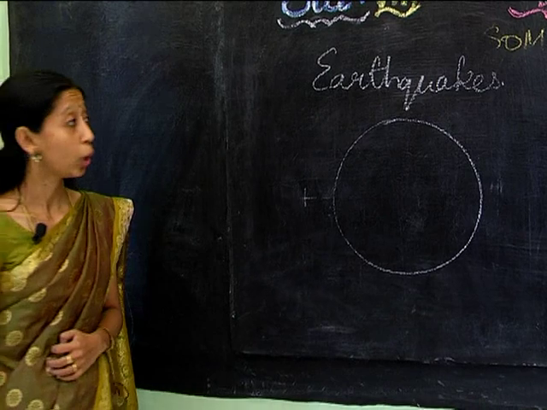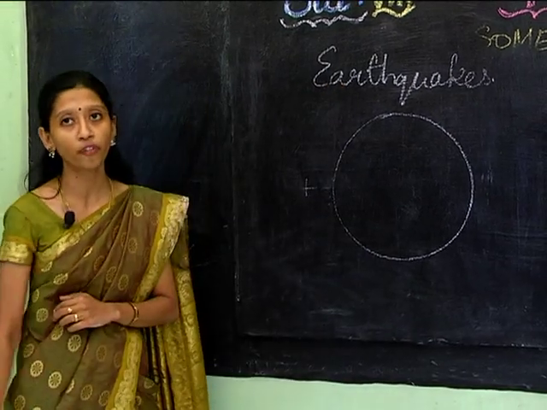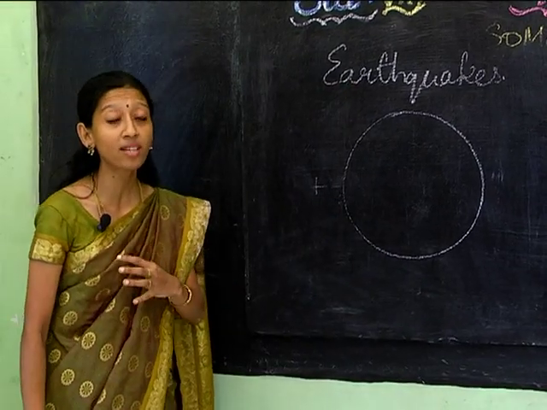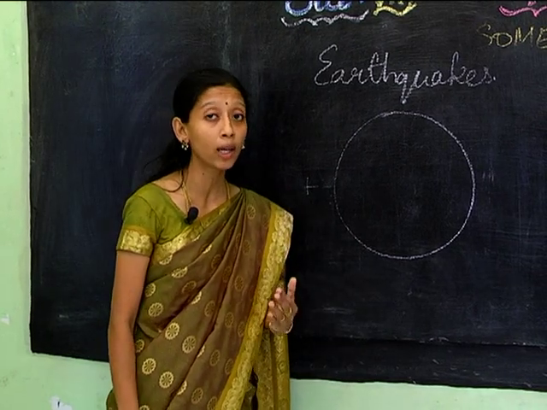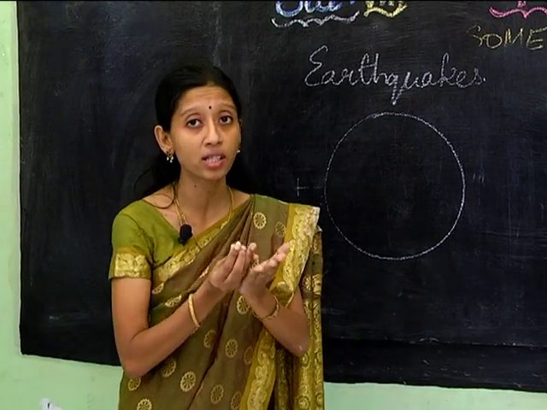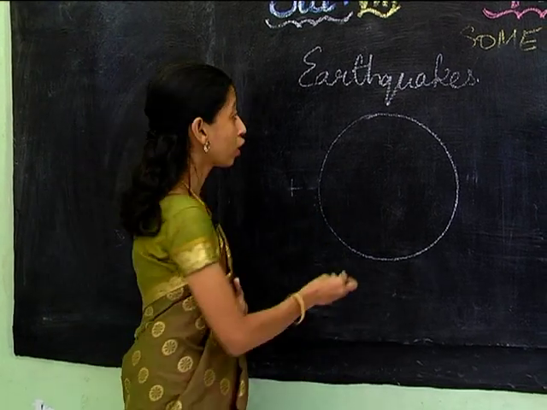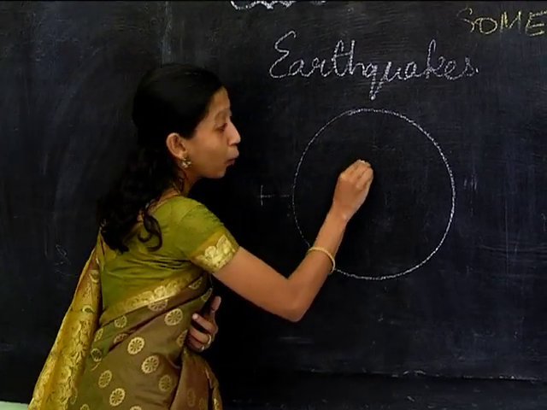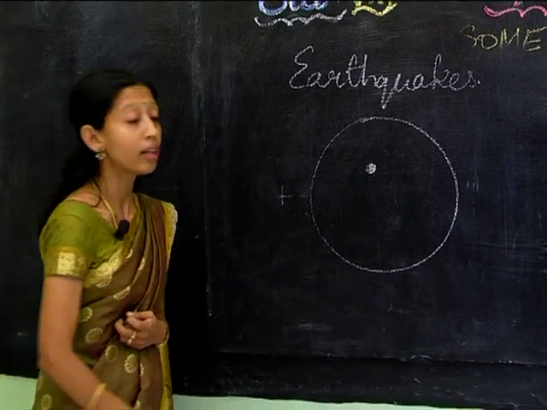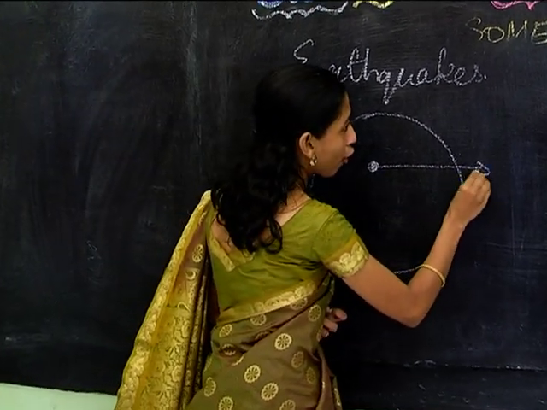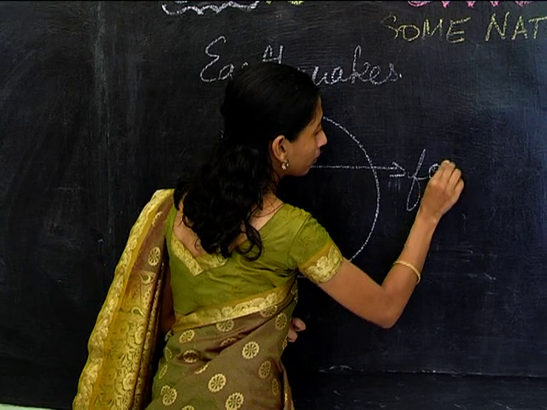This is the earth. We are living on the surface of the earth. Deep inside the earth, as told earlier, when two plates brush against each other or move against each other, earthquakes occur. The point where the earthquake starts is called the focus.